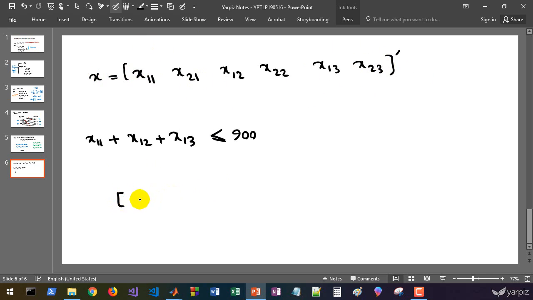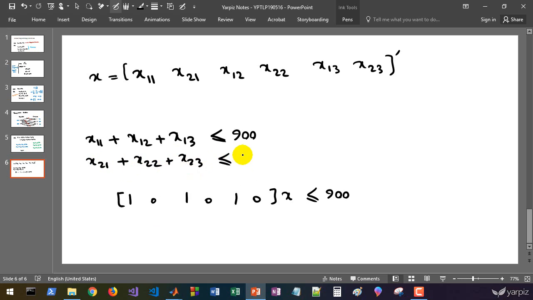You can define this as 1, 0, 1, 0, 1, 0 times x is less than or equal to 900. You see that we have 6 decision variables and 3 of them appeared here. The second one, x21 plus x22 plus x23 less than or equal to 800, will be as this.